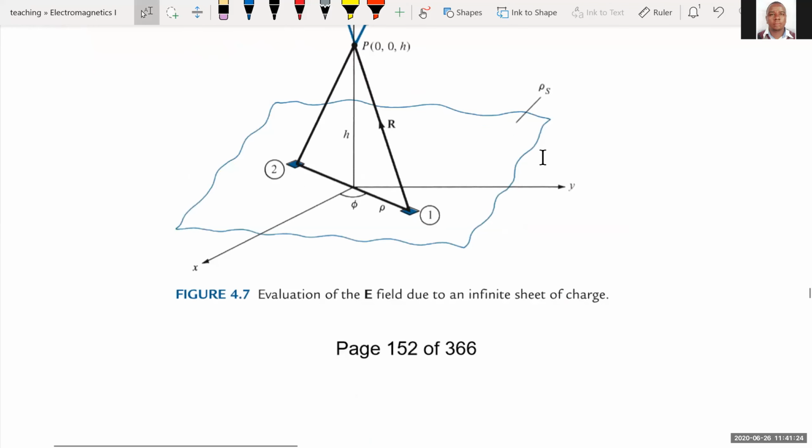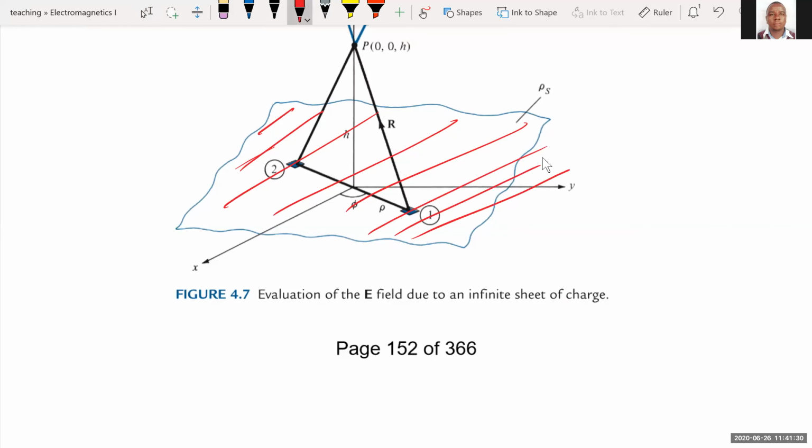But we are considering this infinite sheet that has a small elemental length 1 and elemental length 2 that are separated by the distance rho and h, the perpendicular distance to point P of observation.